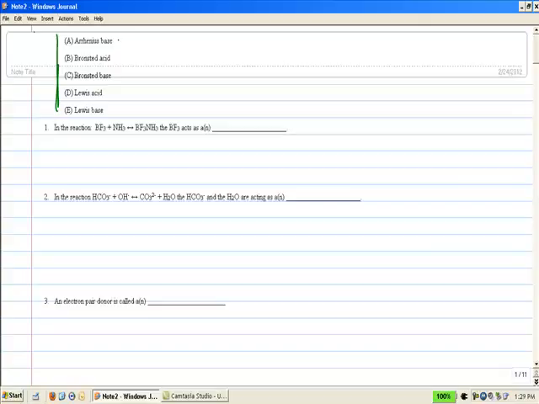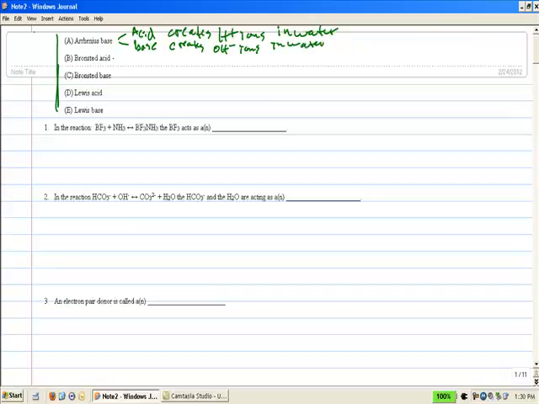First of all, let's talk about an Arrhenius acid. It's something that, when you put it in water, creates hydrogen ions in water. An Arrhenius base is something that creates hydroxide ions when put in water.